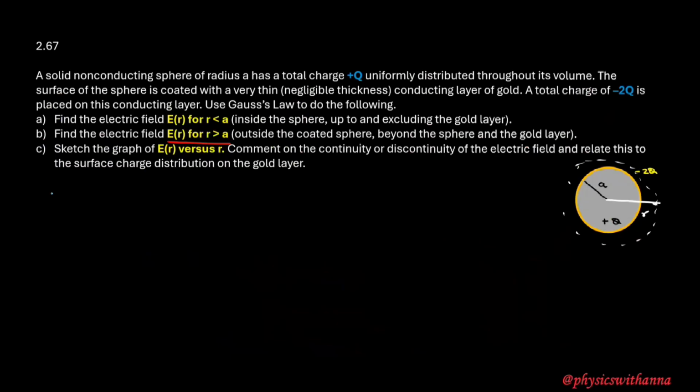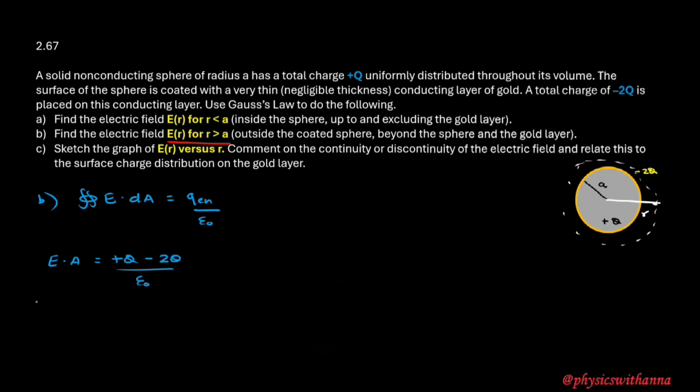So again, let's start with Gauss's law. According to Gauss's law, integral E dot dA is equal to charge enclosed over epsilon naught. Integral E dot dA we can write as E into A. Charge enclosed is the total charge enclosed by the sphere and the gold layer. So the charge on the sphere is plus Q. Charge on the gold layer is minus 2Q, all over epsilon naught.